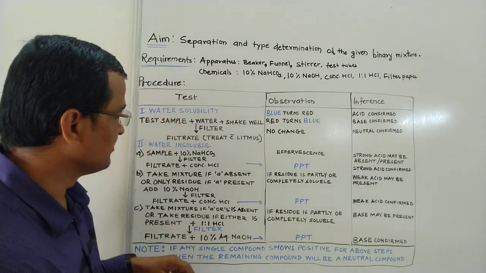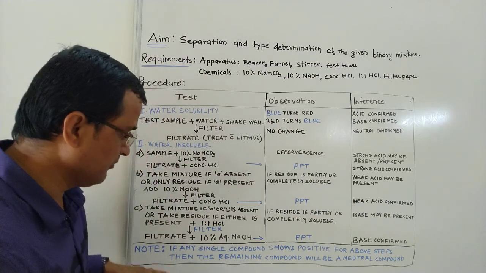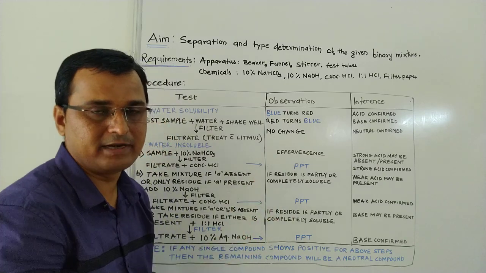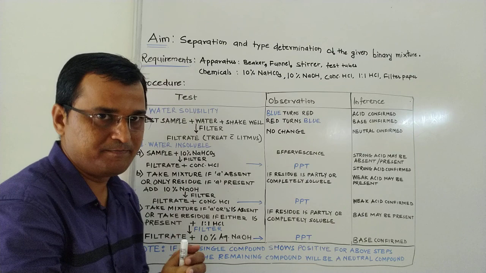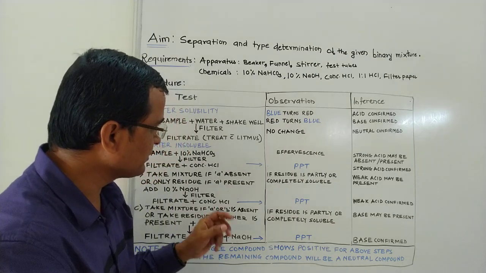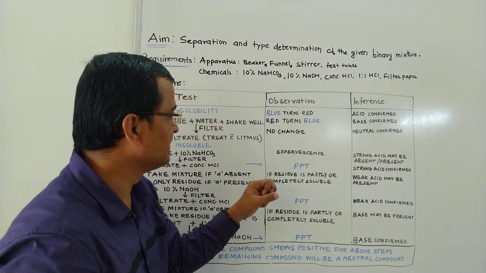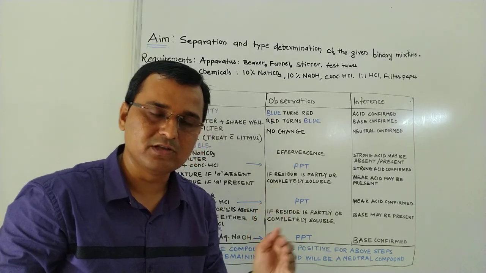So here it's all about the separation of compounds from the binary mixture with the help of the solubility method. Many a times you can also get some idea about the solubility when you add some compound in the water.